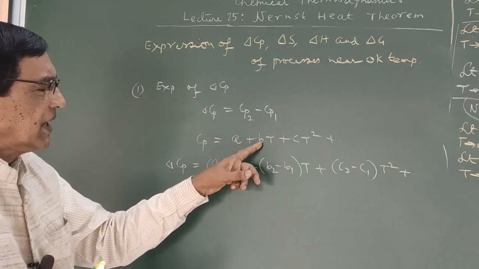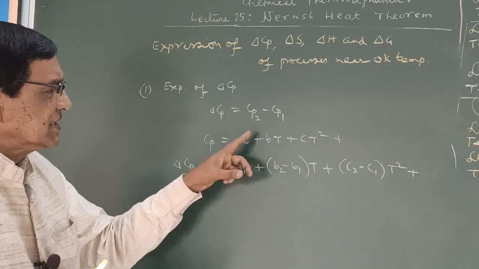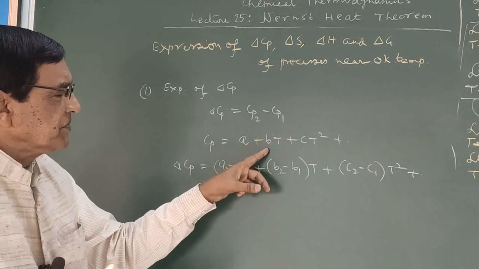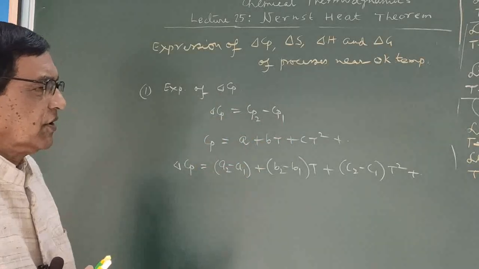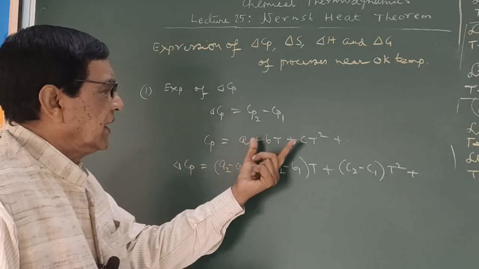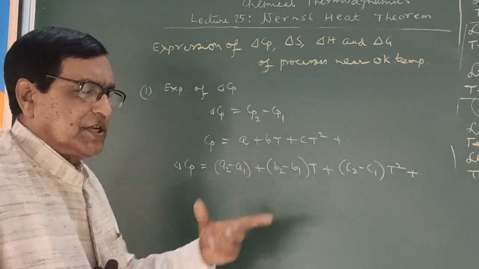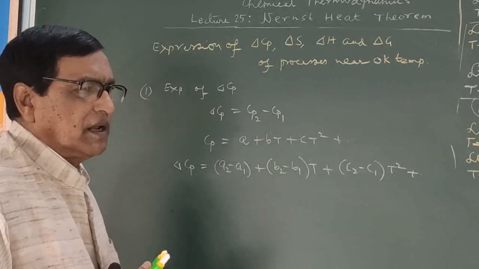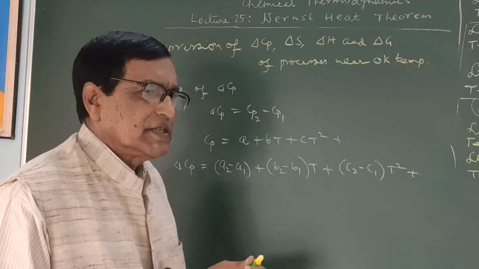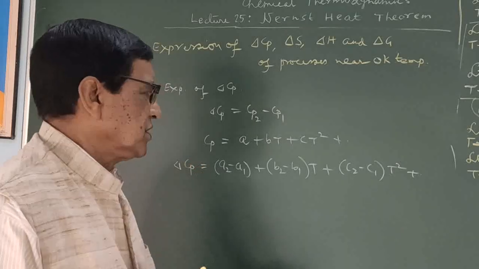The value of B is at least 1,000 times less than A, and C is again 1,000 times less than B. So generally, for accuracy, three terms are necessary, and three terms are usually used to get more or less accurate values of the Cp.